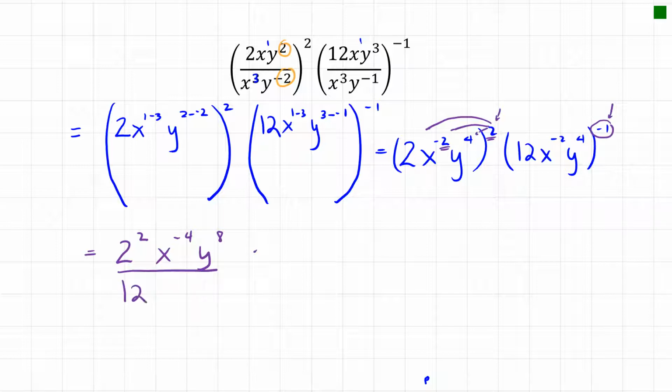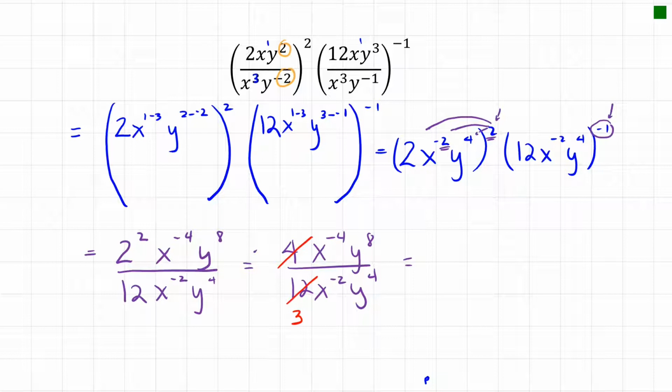So that's 12x to the negative 2, y to the 4th. So 2 squared is 4, x to the negative 4, y to the 8th, over 12x to the negative 2, y to the 4th. So simplifying this fraction and reducing, I get 1/3.